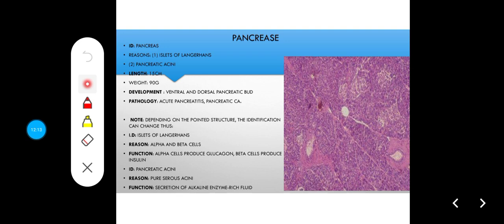So assuming the arrow was pointing to something like this, your reason for ID will be pancreatic acinar.